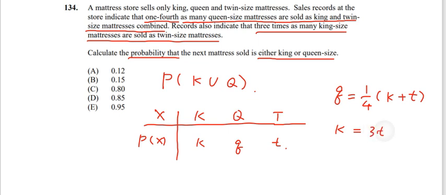Yeah. Okay, so then one more equation is that together we add them up, k plus q plus t equals 1. So we can find this. So king or queen is just equal to k plus q, right? So we can find this.